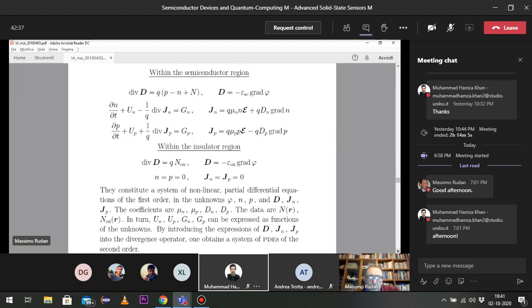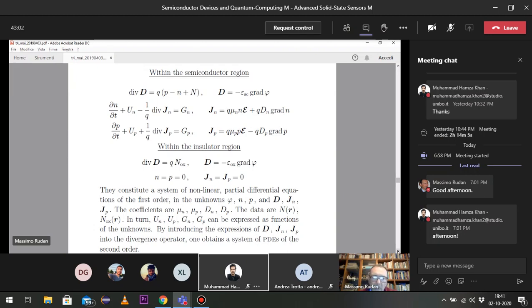So the two equations of the first line, that are two equations of the first order with respect to space, can be combined together in order to provide a single equation whose unknown is the electric potential, and there are also p and n at the right-hand side.